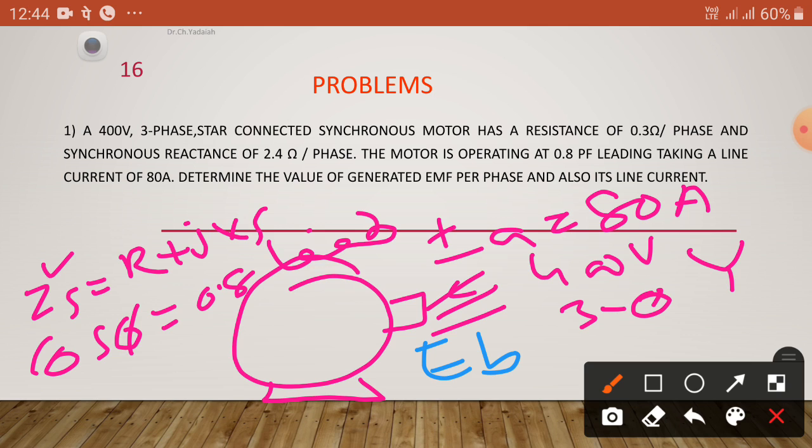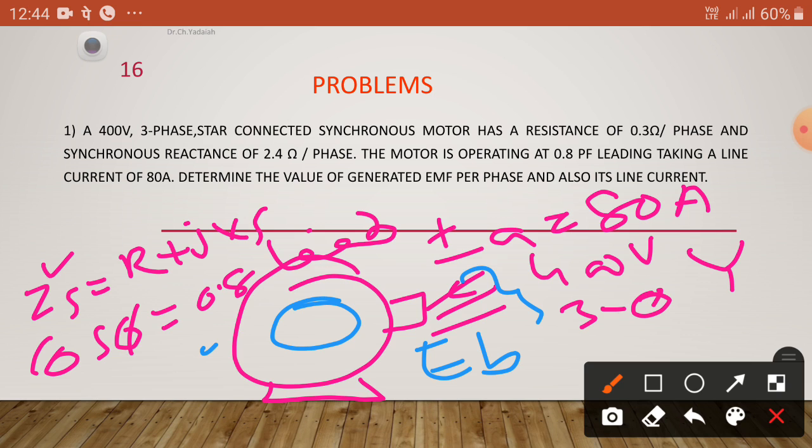So here the problem is given. Once again you can listen: this is the motor. When the 3-phase supply input is connected, it draws a load current of nearly 80 amperes at a power factor of 0.8 PF lead.